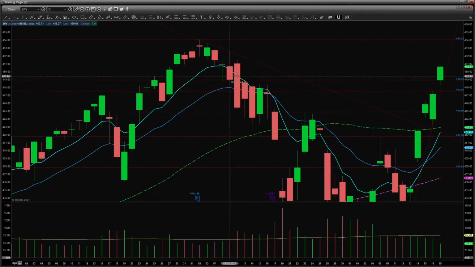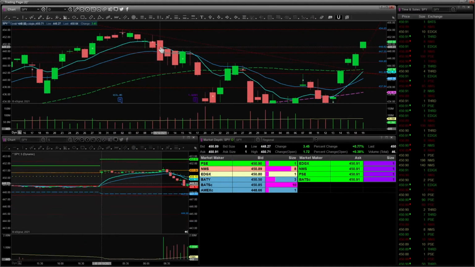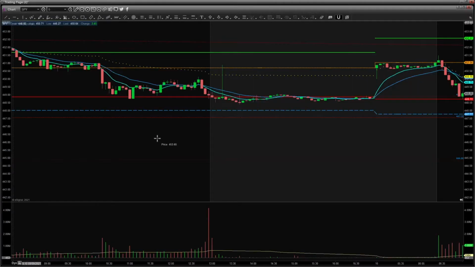Now let's try just one more time, just for fun. So this candle goes all the way through this price level that we're looking at, 448.92. So I'm going to click on this day, which is September 10th. If I click on September 10th, it's going to populate down here on the 5-minute chart. Let me enlarge that.